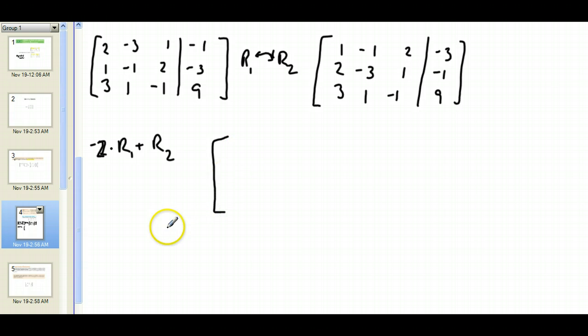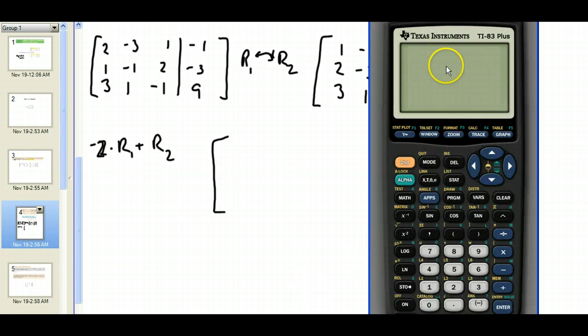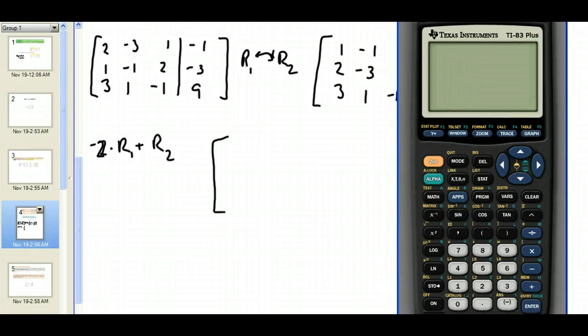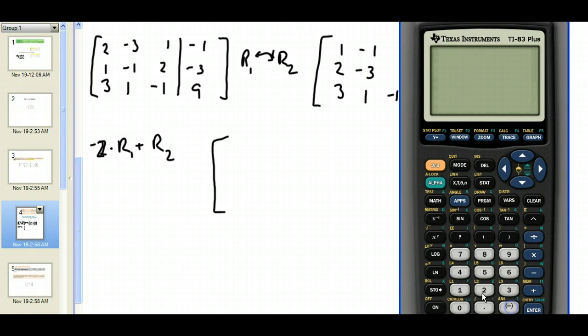Now, you can do it on your calculator if you need to. So I just take negative 2 times whatever is in this position, 1, and then add it to whatever is in this position, 2. So I'm going to have a 0 right here.